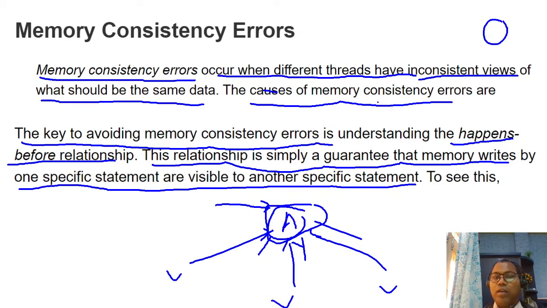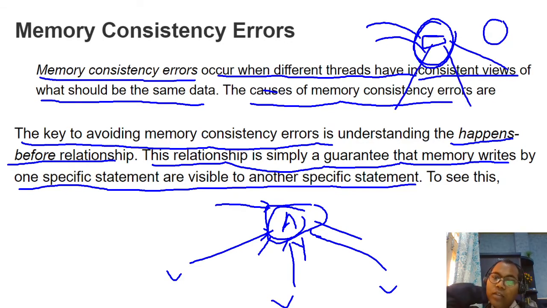If any update or write operation is performed on the shared resources, the shared variable, that latest value should be reflected to all the threads, so that all threads know this is the latest value and always work on the latest value. In this way, we can solve the memory consistency error.